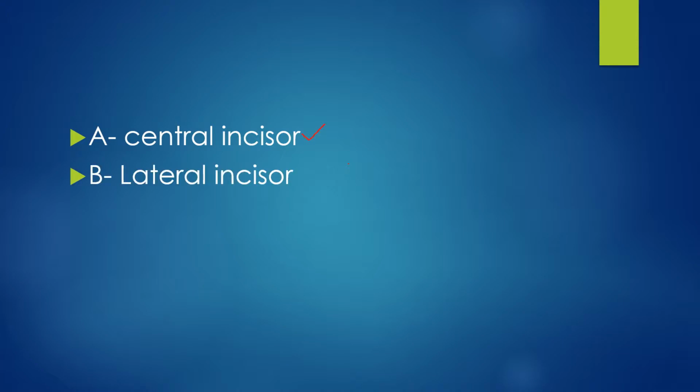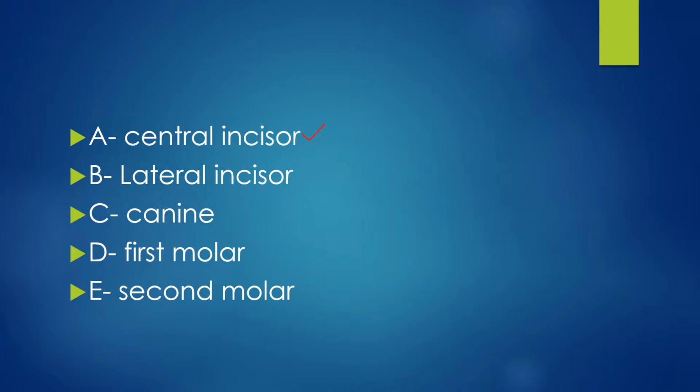This is for reference. A denotes central incisor, B denotes lateral incisor, C denotes canine, D represents first molar and E represents the second molar.